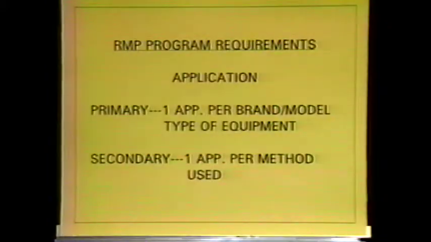Or if you're going to use continuous working level monitors, let's say, and you're going to use the one by Eberline and the other one by Pylon, then you have to have one application for the continuous working level monitor by Eberline and a separate application for the one by Pylon. So you can see that for the primary, their application is by type, very specific type of equipment. For the secondary, it's by the method.